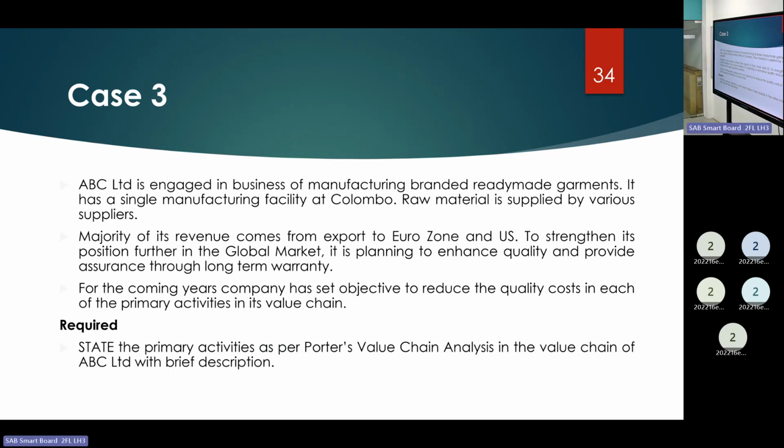For the coming years, the company has set the objective to reduce the quality cost in each primary activity in the value chain. State the primary activities as per Porter's value chain analysis with a brief description.